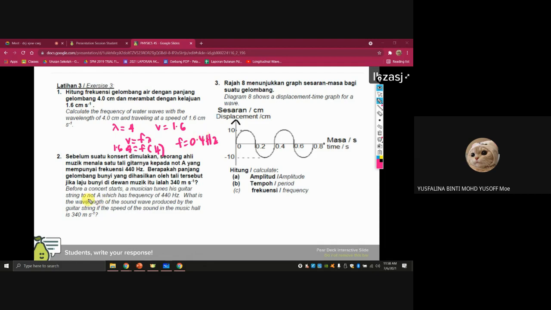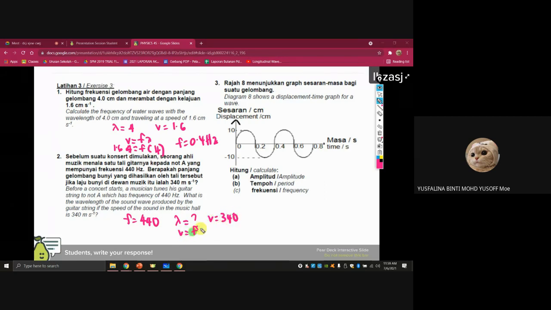For number 2, before a concert starts, the musician tunes his guitar string to note A, which has a frequency of 440 hertz. So f is 440. We need to find the wavelength. v is 340, already given.